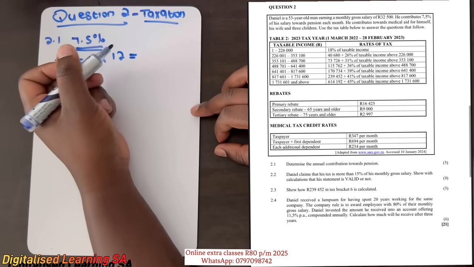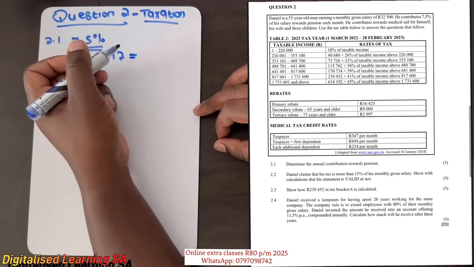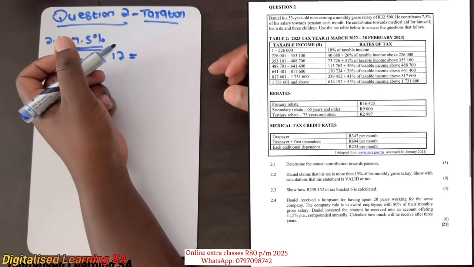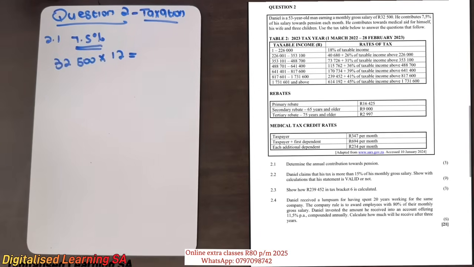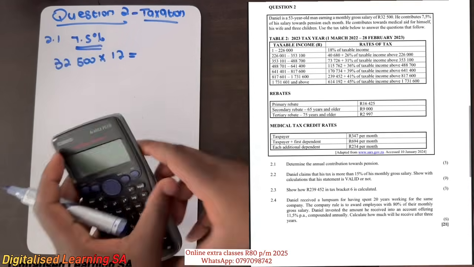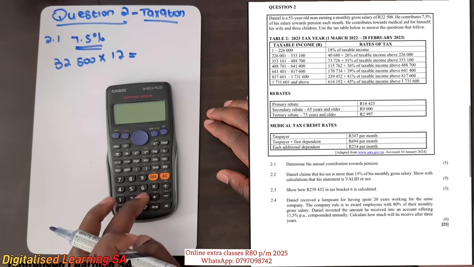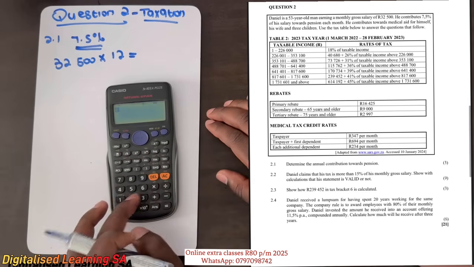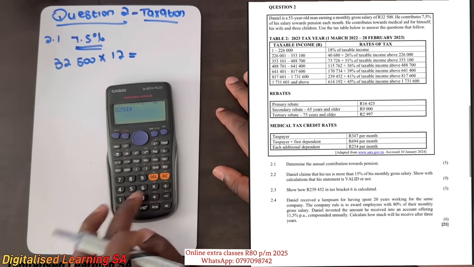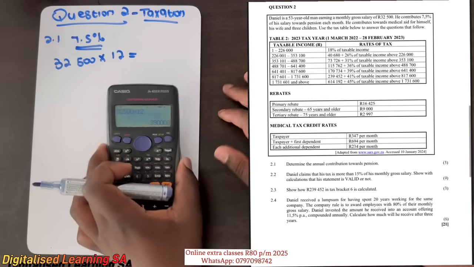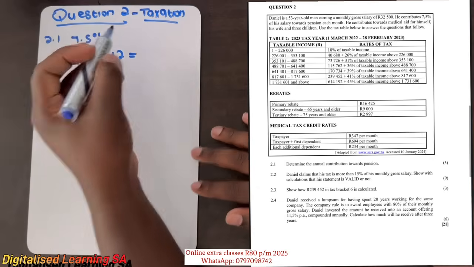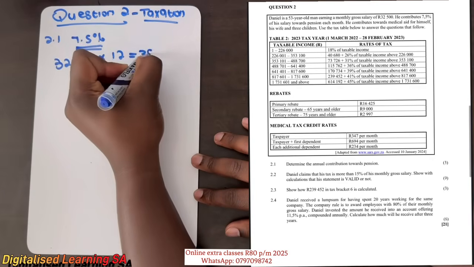Remember guys, once they say annually, they mean per year, and in a year we have 12 months. So 32,500 multiplied by 12, and our answer will be 390,000.